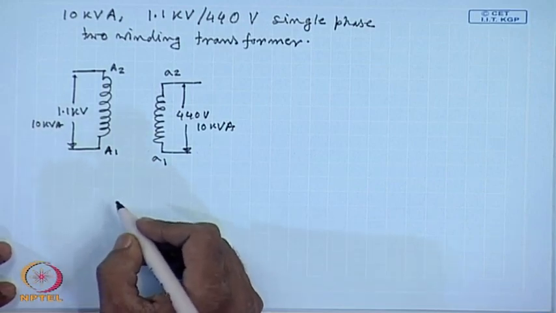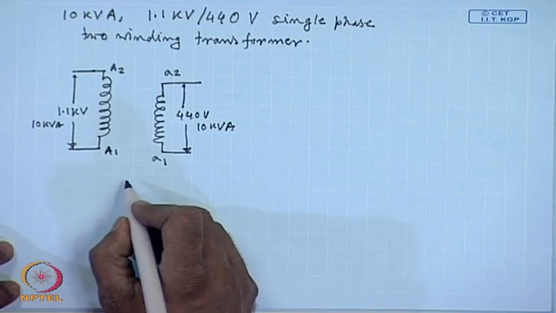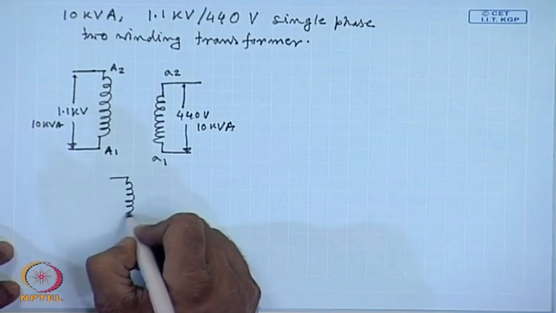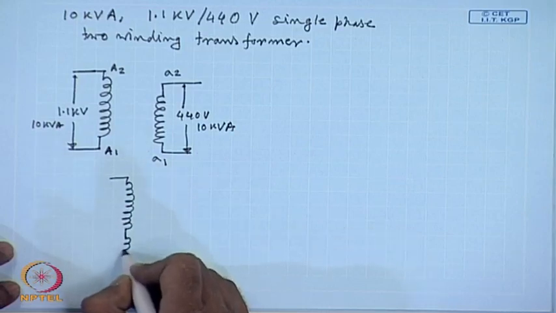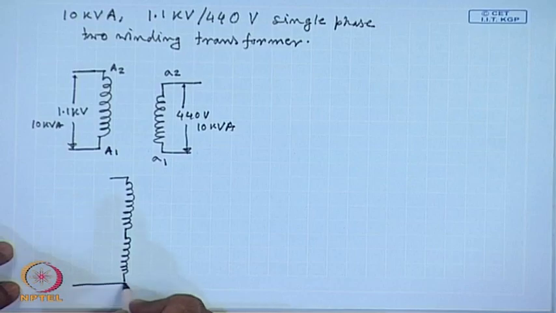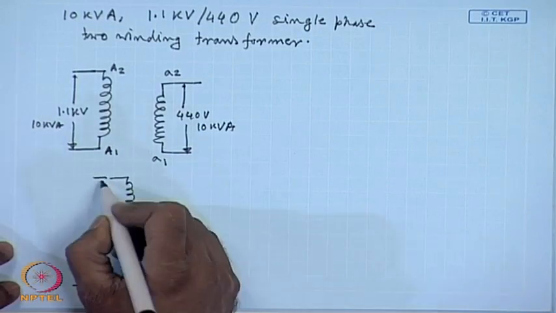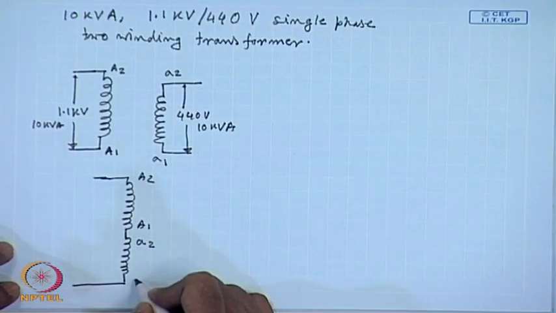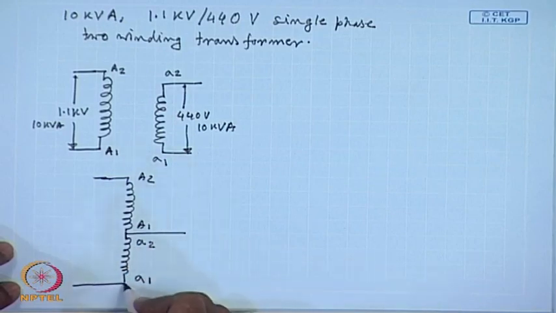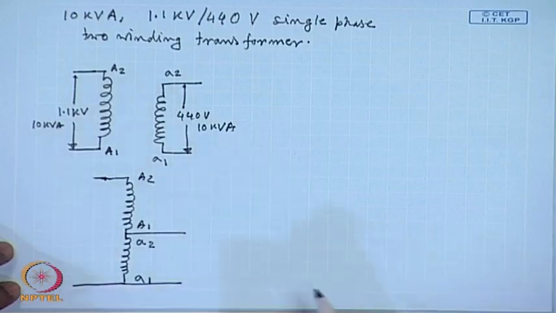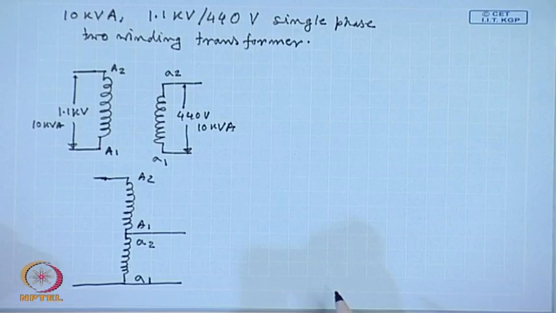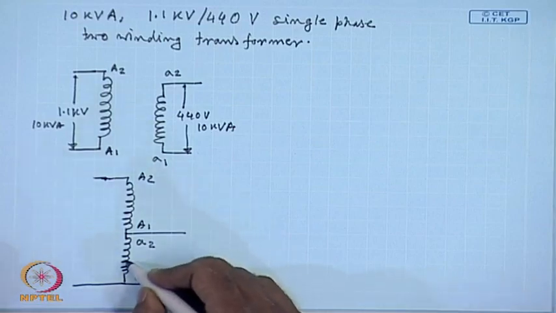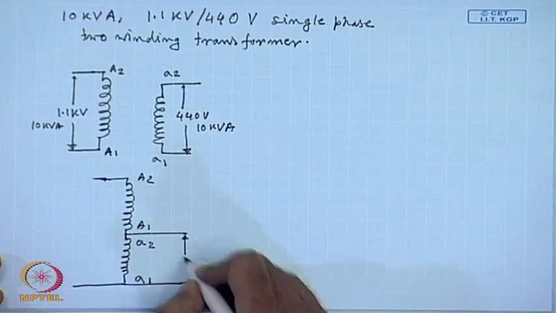Obviously, there are two possibilities. One is this part A2 A1 connected in series with the smaller part a2 a1, and we take the output from here. So, what will be the voltage ratio here? The maximum voltage that can appear on this side is 440 volt.